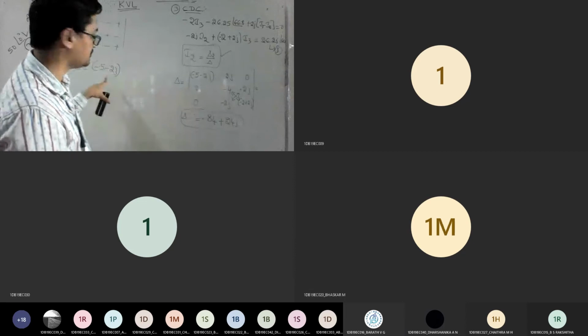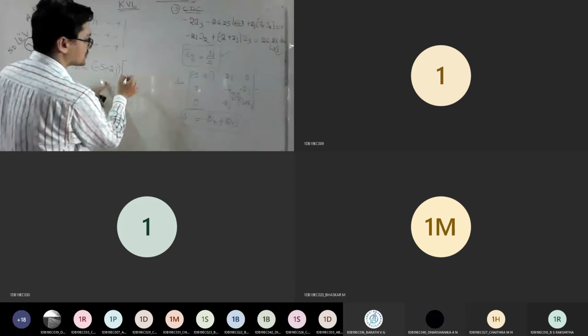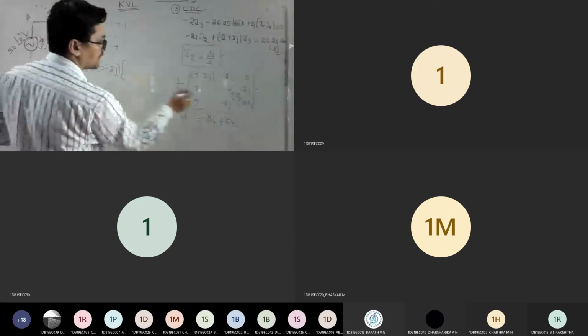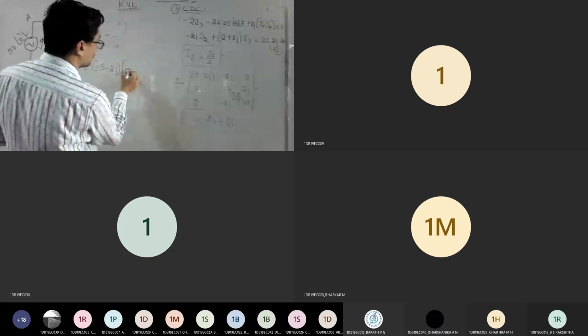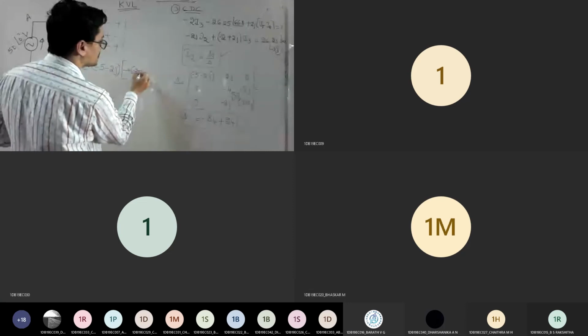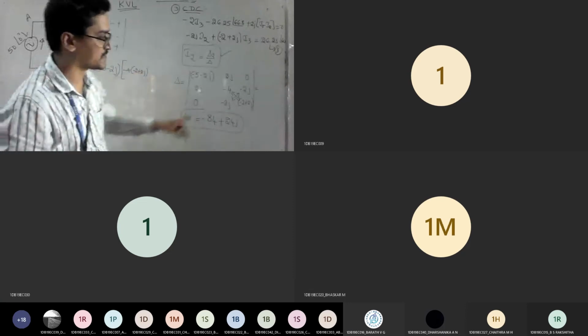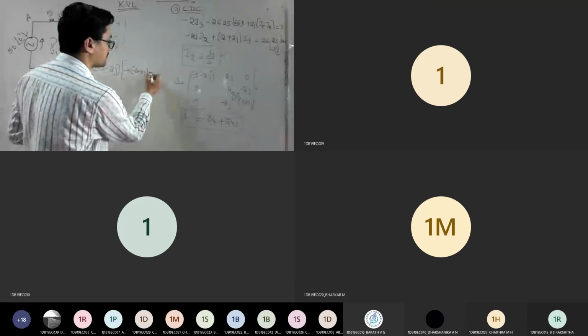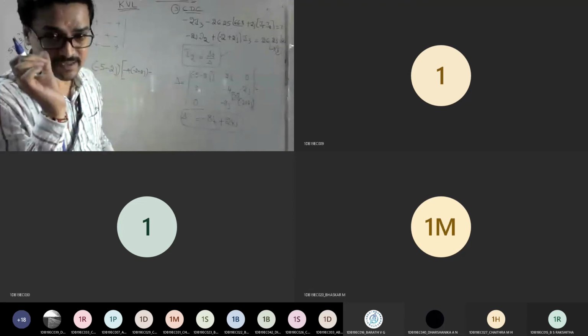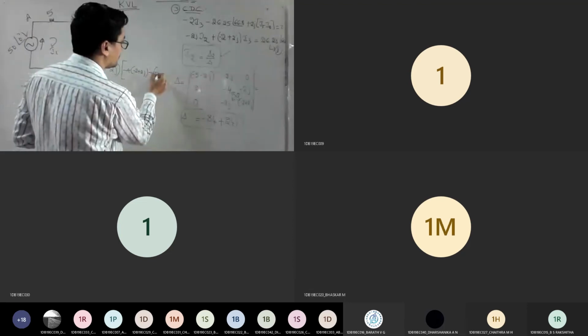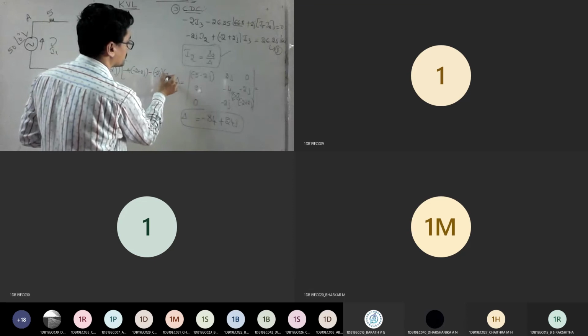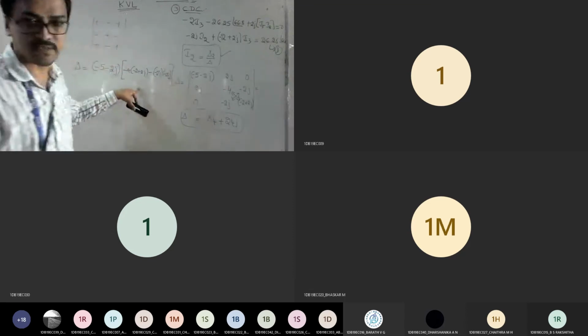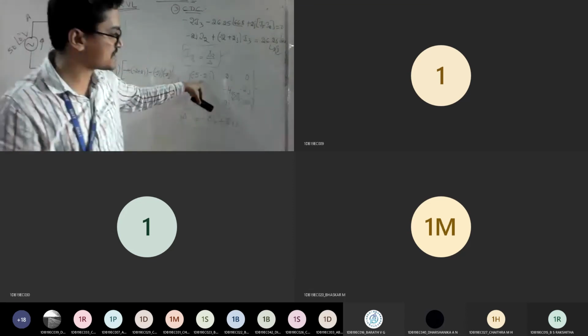So keep the first term, then use the brackets: minus 4 into minus 2 plus 2j. That is the first term. Then it says minus, and in the bracket you can write minus 2j into minus 2j. These are the terms we have to consider for the first determinant.